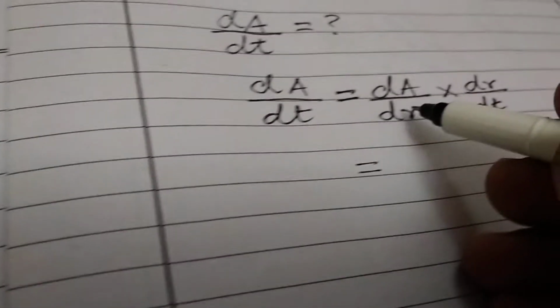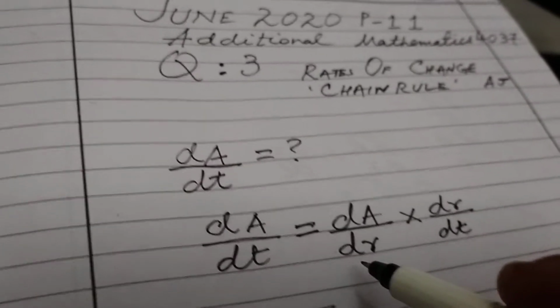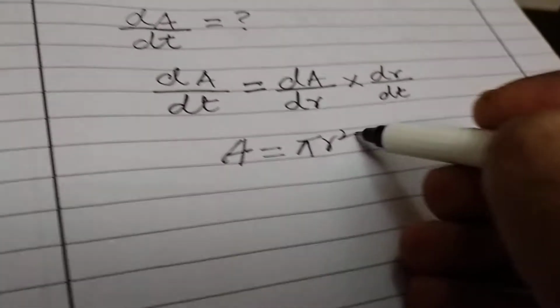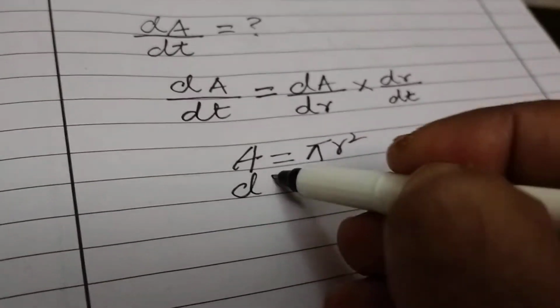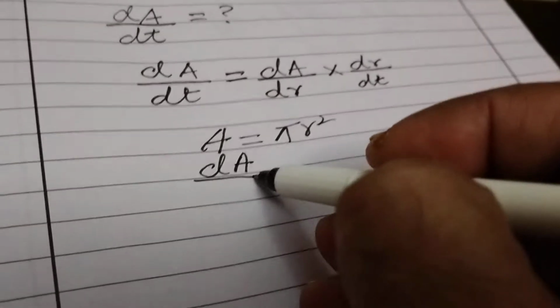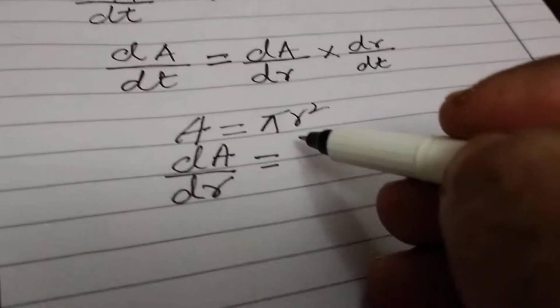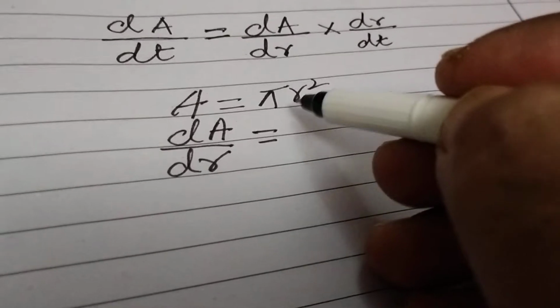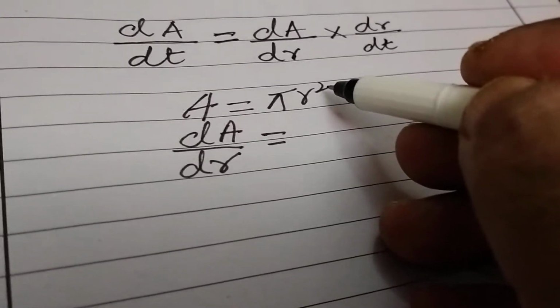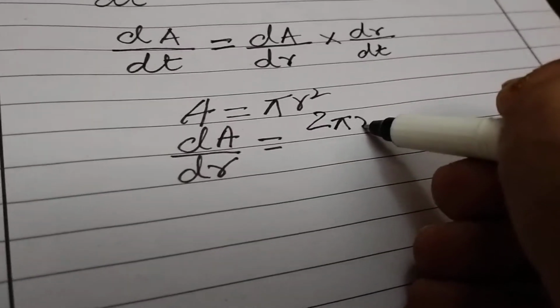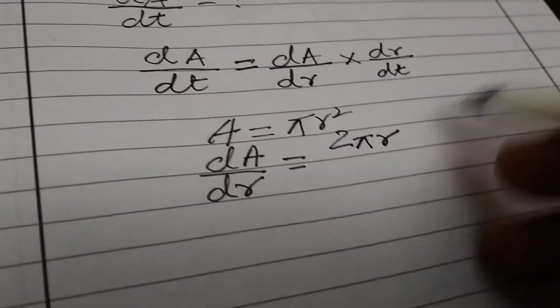dA upon dr is not given, so we have to consider that it's a circle. So I will write down the area of the circle as pi r square. Now differentiate with respect to r, and you know that when we differentiate this, the power of 2 will become the coefficient, so it will become 2 pi r.